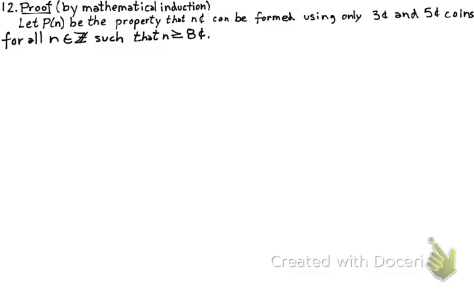Okay, so what is our basis step? What is our initial value? What is the first value that n can take? 8, that's right. So we need to first show that we can use 3 and 5-cent coins to make 8 cents. Well, that's pretty easy. So first we show P of 8 is true.